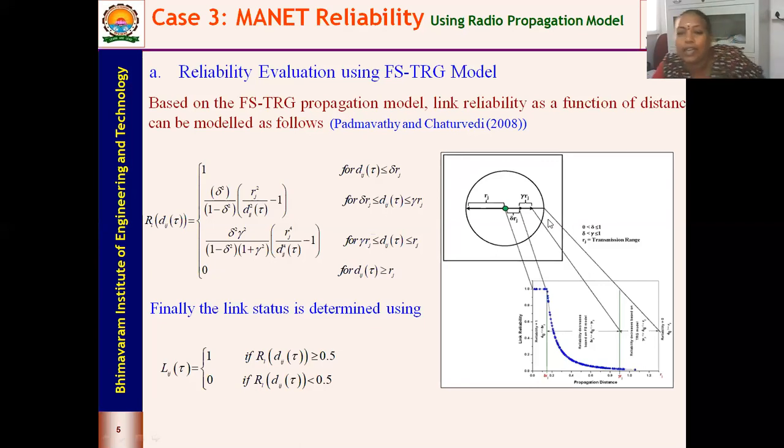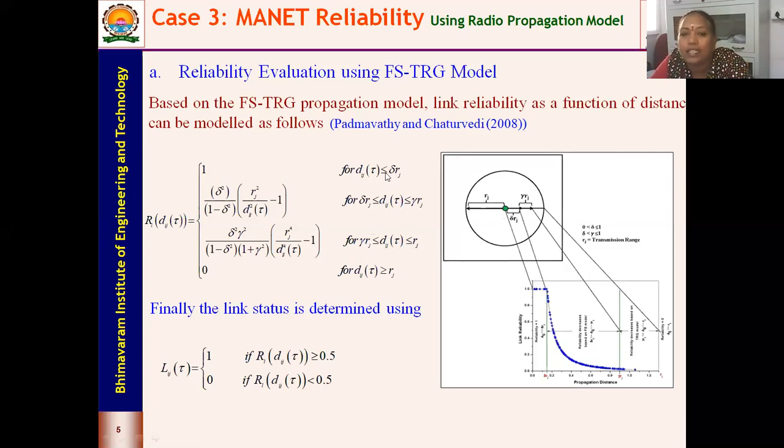So look into the diagram. Let me assume the green circle point is 0. From 0 to delta Rj, I compare it with the distance, so you can look into the equation. I have divided it into 4 parts. For Dij less than or equal to delta Rj, we are considering 2 threshold values: one is delta, another is gamma.